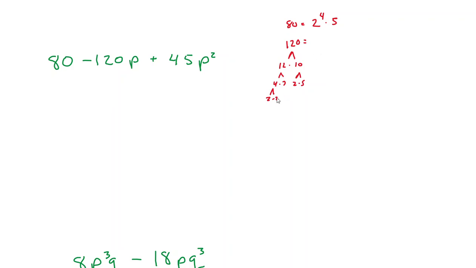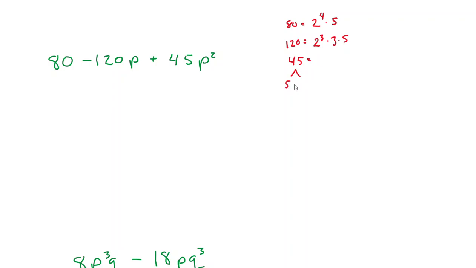So that's 3 2s, I said 3, but I meant to write 2 cubed, times 3 times 5. Okay, so there we go. I may decide at the end that it's not to my advantage to write these in exponent form, but for now that's what I'm doing.